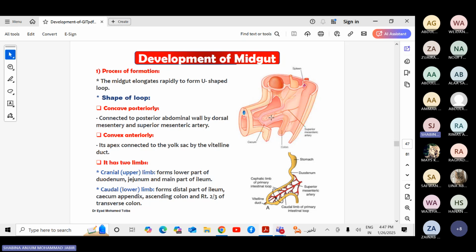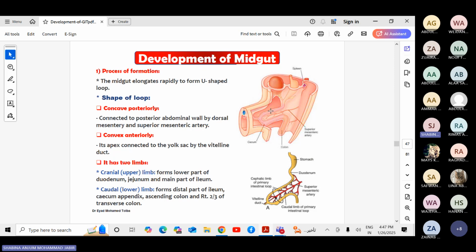So in the posterior part, you can see that there is a superior mesenteric artery. Okay, and posteriorly it is attached to the posterior abdominal wall by the dorsal mesentery. Okay, now we see it has two limbs, the cranial or upper limb and the caudal or lower limb.